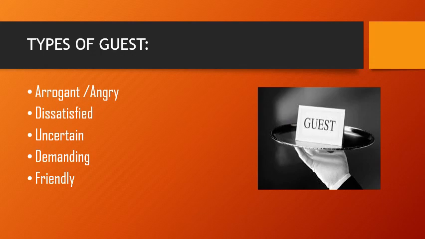Demanding guest: they are knowledgeable, very demanding, and ask you very tough questions. Friendly guest: may be very talkative or ask you many questions, which sometimes you may find irritating.